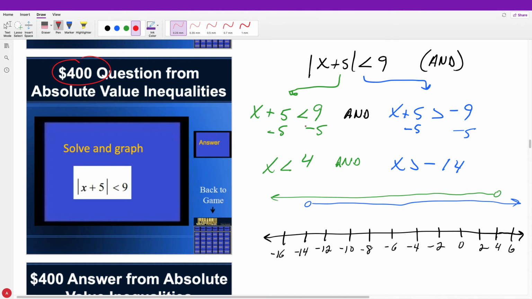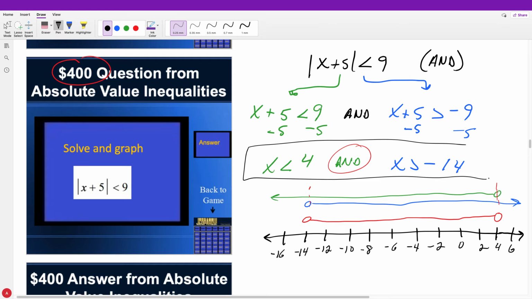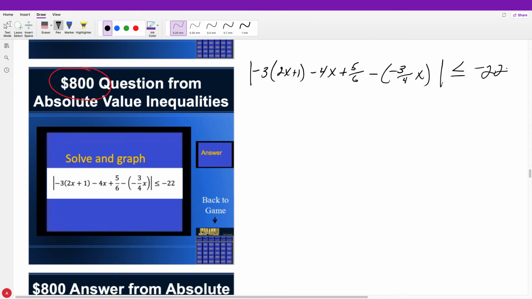Remember, when it's an "and" statement, we're looking to see where they overlap. They overlap here, so our final answer will be an open circle at both negative 14 and 4, and then a line connecting those two. Writing it out, this would be our written-out answer, and our graphed answer would be the red graph.